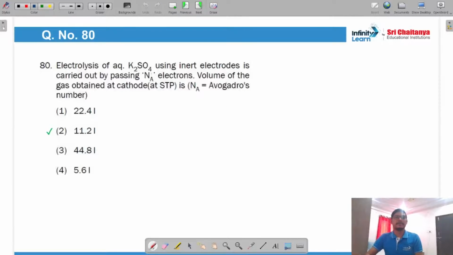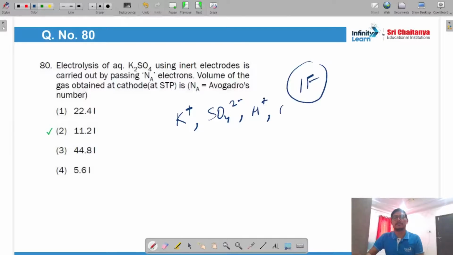Electrolysis of aqueous K2SO4 using inert electrodes is carried out by passing Avogadro number of electrons, which is basically 1 Faraday, the charge on 1 mole of electrons. So the volume of the gas obtained at cathode. Okay, so the species are K plus, sulfate ion, and from water again H plus and OH minus. At cathode, reduction occurs out of K plus and H plus. Of course, H plus will undergo reduction.